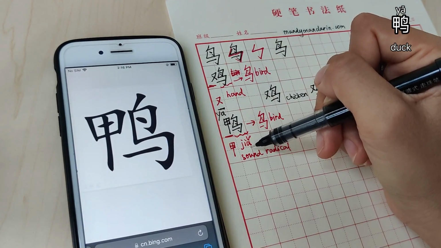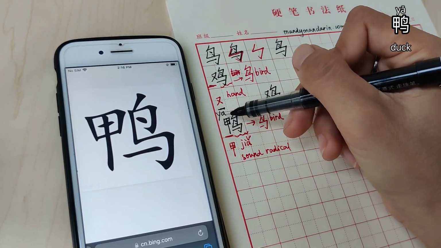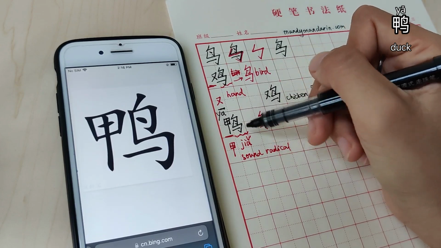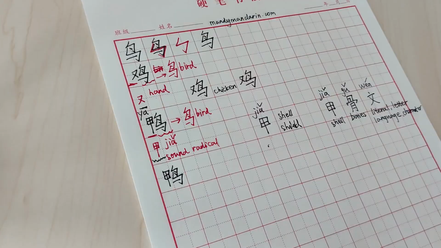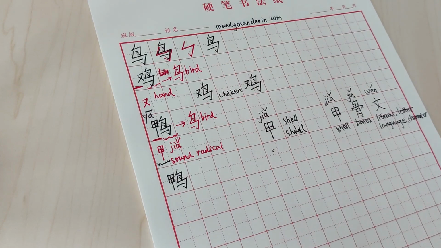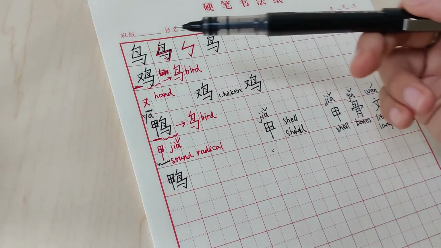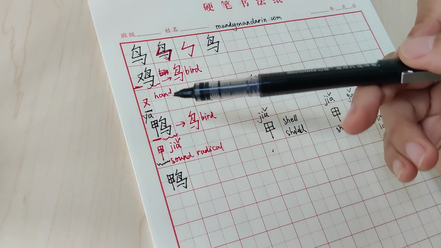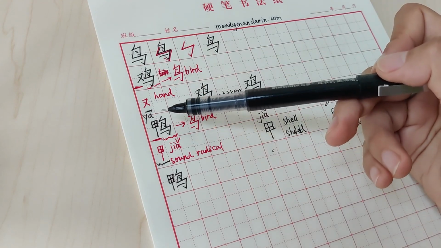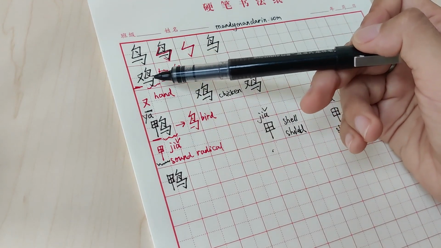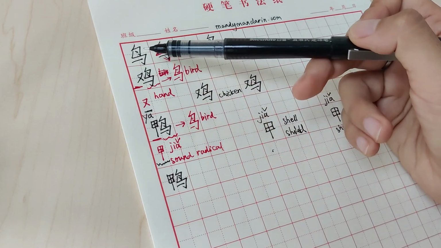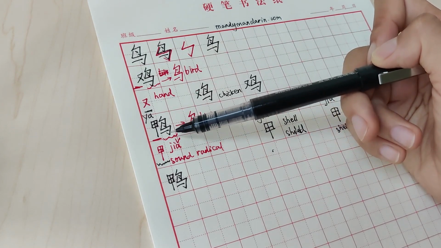So the 甲 gives the a sound to the ya. To make it easier for you to remember, you can remember these three together because they share the same part. They share the niao part.